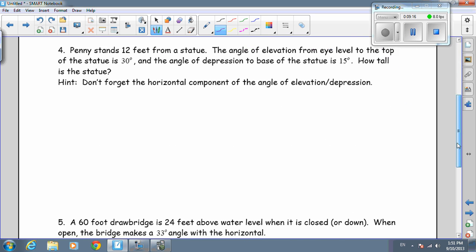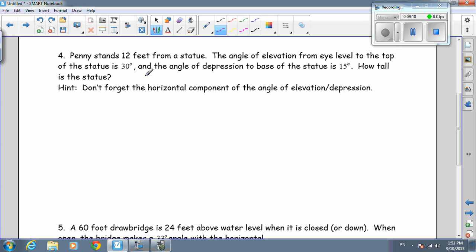Let's look at problem number 4 now. It says Penny stands 12 feet from a statue. Let's go ahead and say this is Penny. And she stands 12 feet away from a statue. So let's go ahead and say this is a statue.